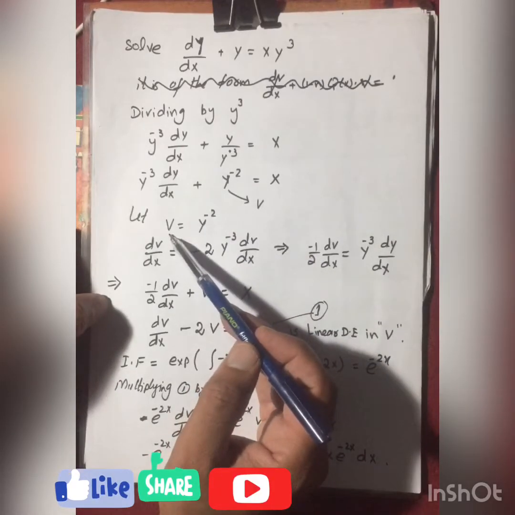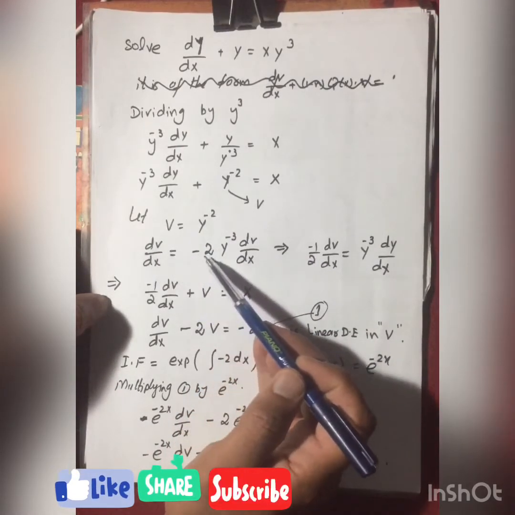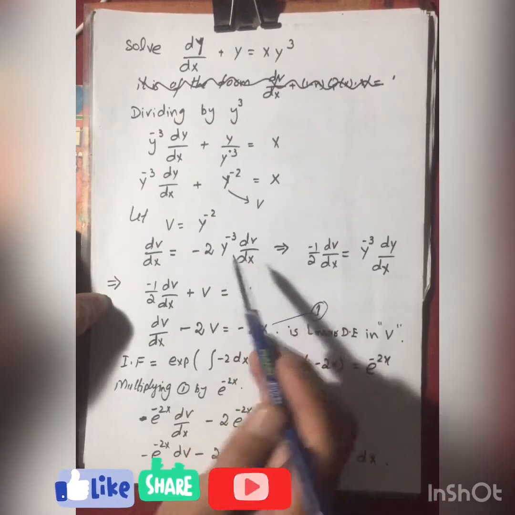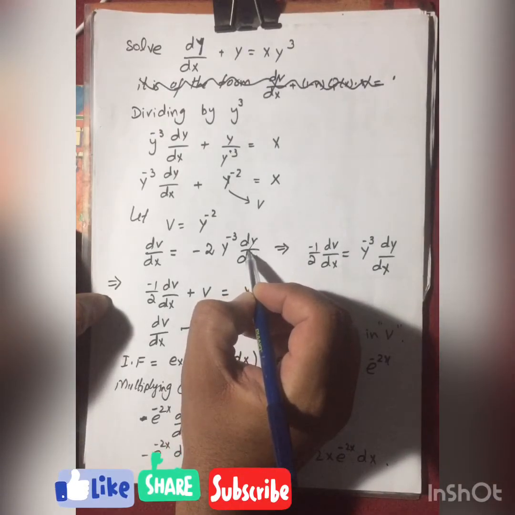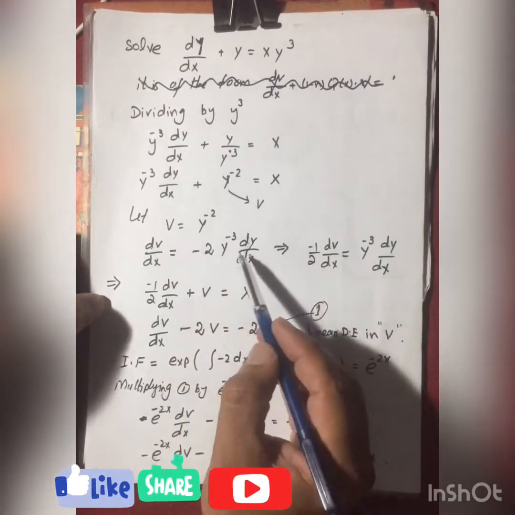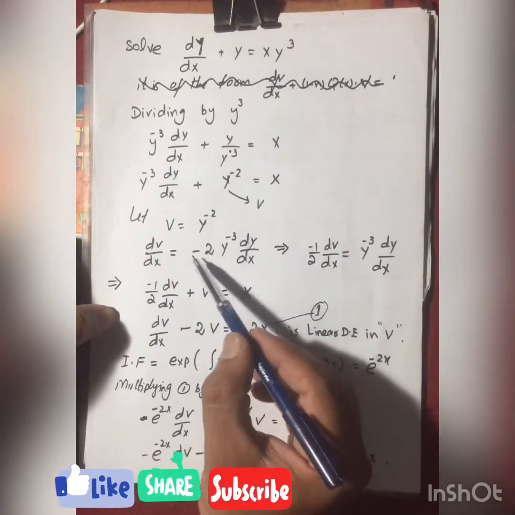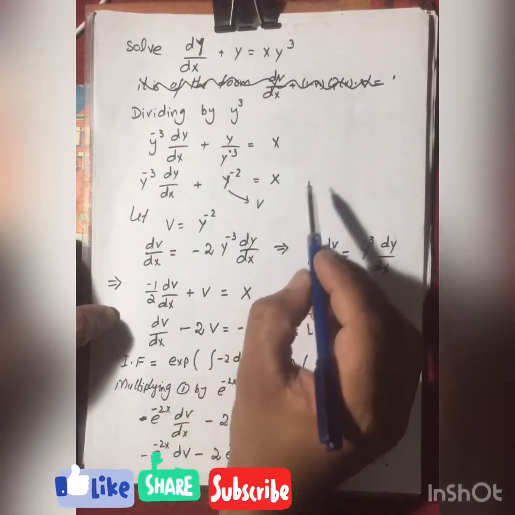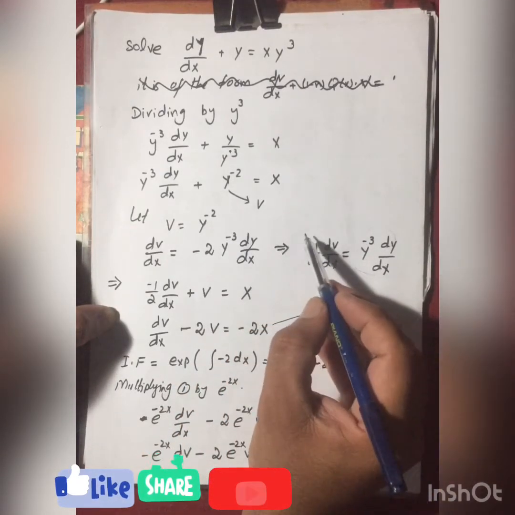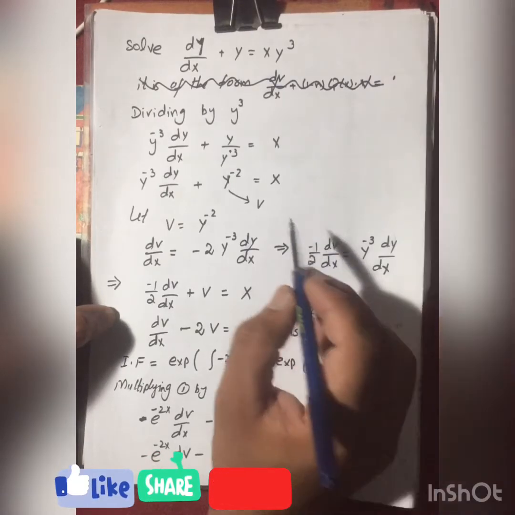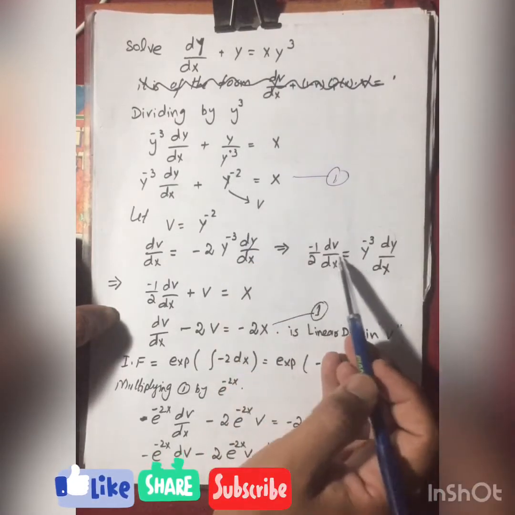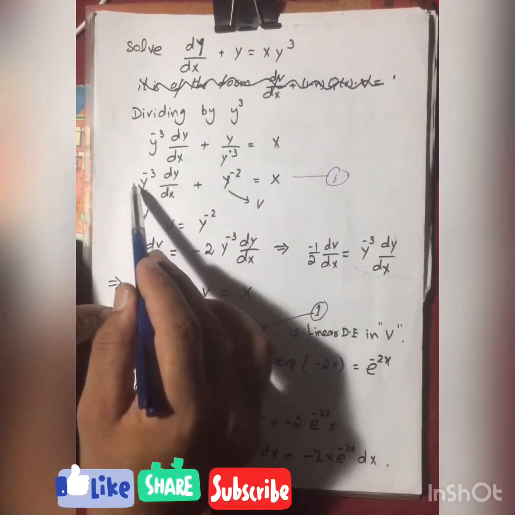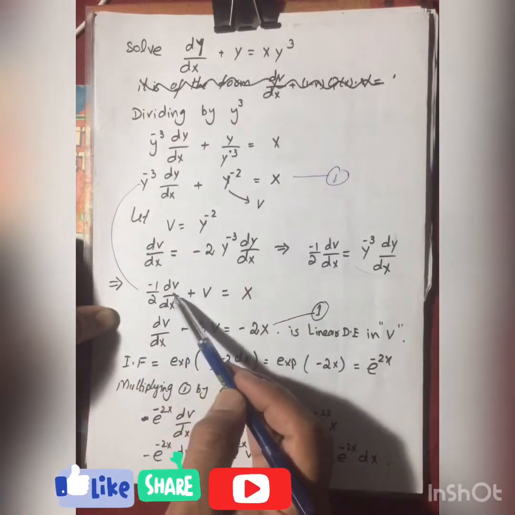After differentiating with respect to x, you will get dv/dx equals minus 2 y raised to power minus 3 dy/dx. Now this term will be equal to minus 1/2 dv/dx. Substituting this value of dv/dx into equation number 1, it becomes minus 1/2 dv/dx.